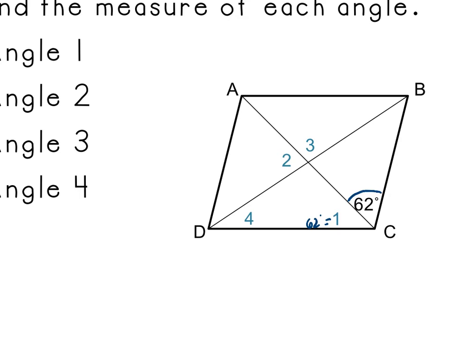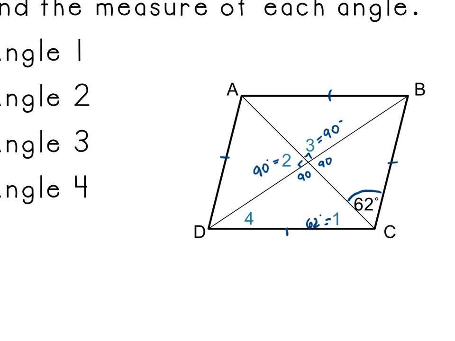Because they bisect in a rhombus and also a square. Those diagonals bisect those angles. What else do we know about a rhombus? It has 4 congruent sides. What else do we know about their angles? It's not 90 degrees. Where the diagonals meet, though, is 90 degrees. So these are 90 degrees. This is 90. This is 90. This would be 90. This would be 90.